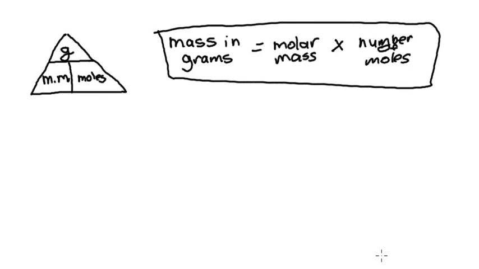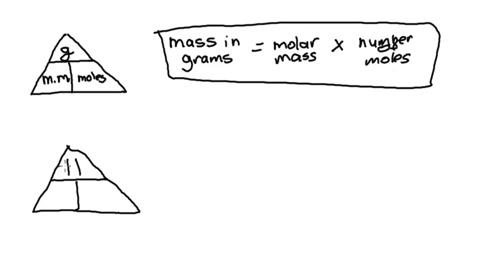All right. And you can do something similar with Avogadro's number if you want to. Okay, so up here on top, you'll have the number of whatever it is, number of atoms, number of molecules, and down here you'll have moles, and this will be Avogadro's number, 6.02 times 10 to the 23rd.